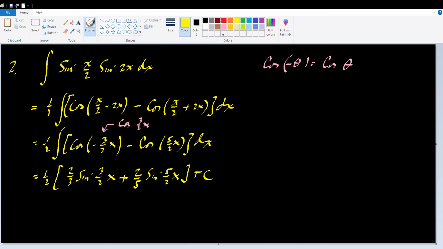We can distribute 1/2. In that way, we'll be cancelling the 2's. So we have 1/3 sine of 3 halves x plus 1/5 sine of 5 halves x, okay, plus c.